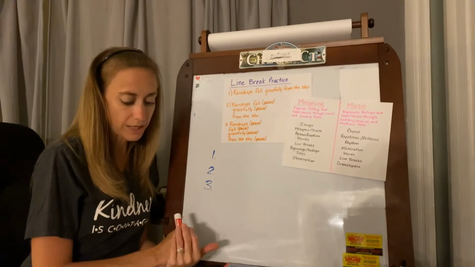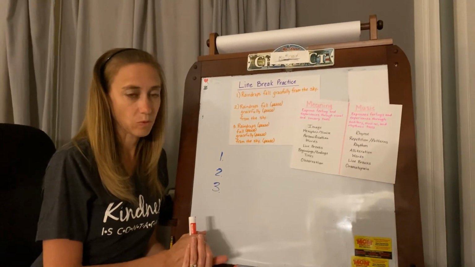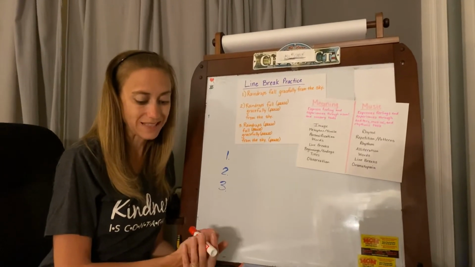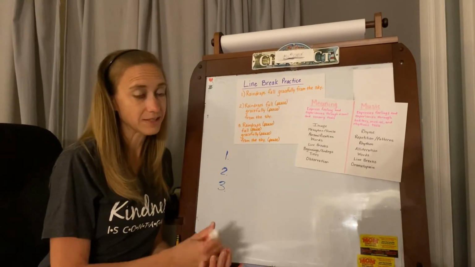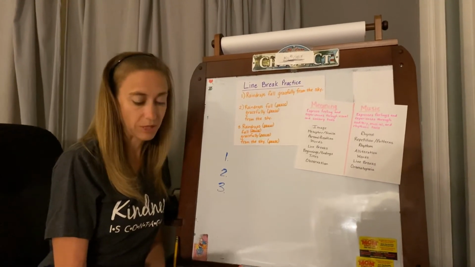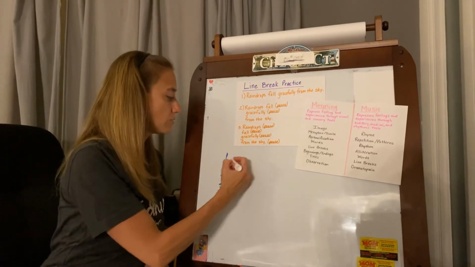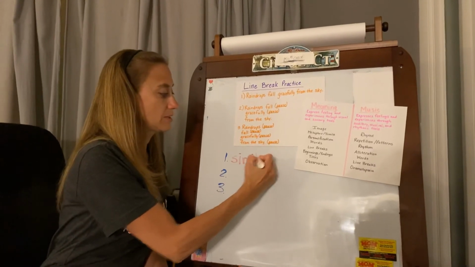Tom was walking as slow as a snail. What would that be? Well, I heard the word as, so that means it's going to be simile. If you printed the worksheet off, you just have to circle the word simile. If you didn't, next to number 1, you're going to just write simile.